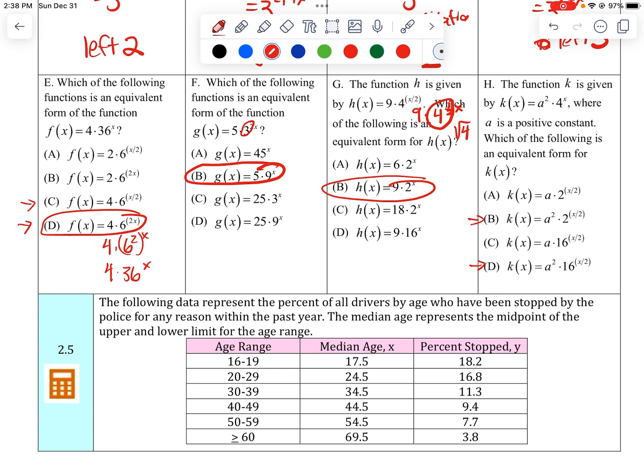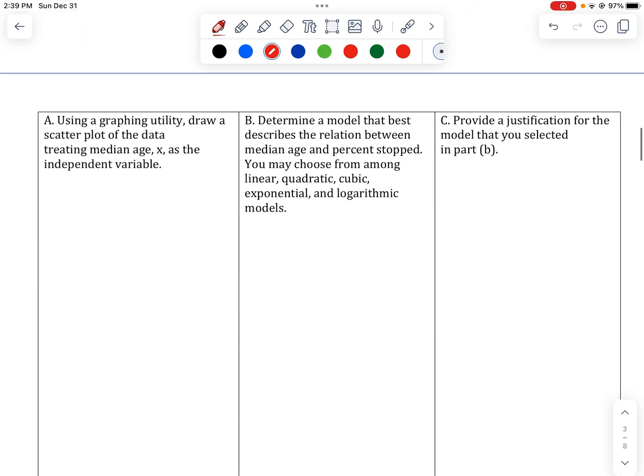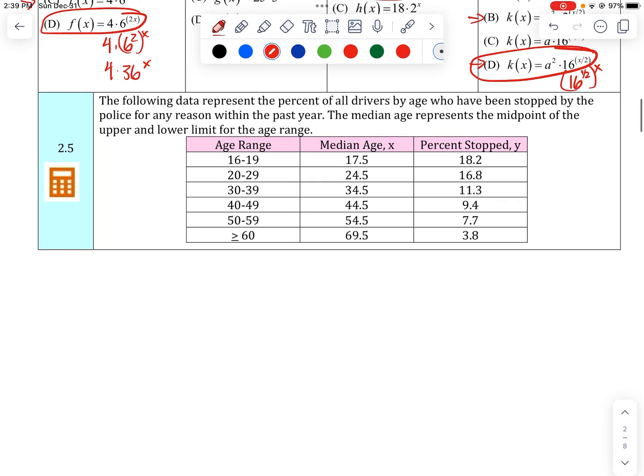Well, 4 squared is 16, but this is the same as, let's see, 2 squared to the x, or 16 to the 1/2. Well, that's 16 to the half to the x, and that's the square root, so it's letter D.